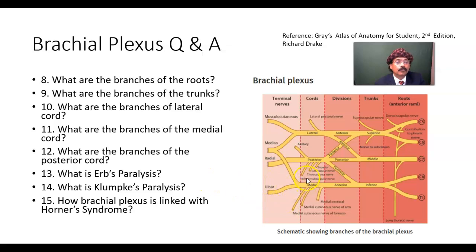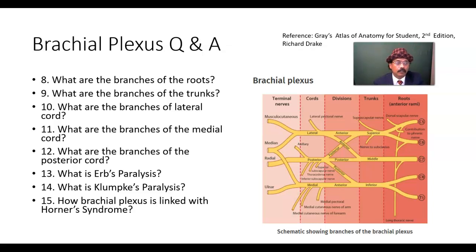Then we got the thoracodorsal nerve that supplies the latissimus dorsi muscle. Axillary nerve supplies the deltoid and the teres minor muscle, and the radial nerve supplies a lot of muscles like the triceps, anconeus, and all the extensor muscles of the forearm and hand.